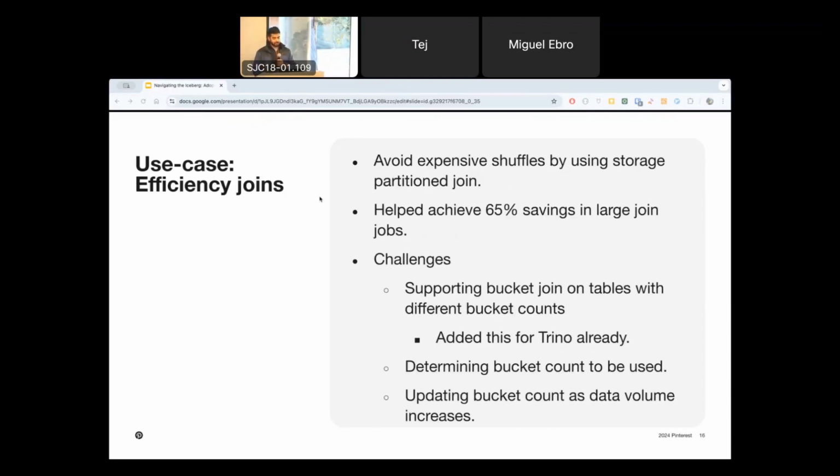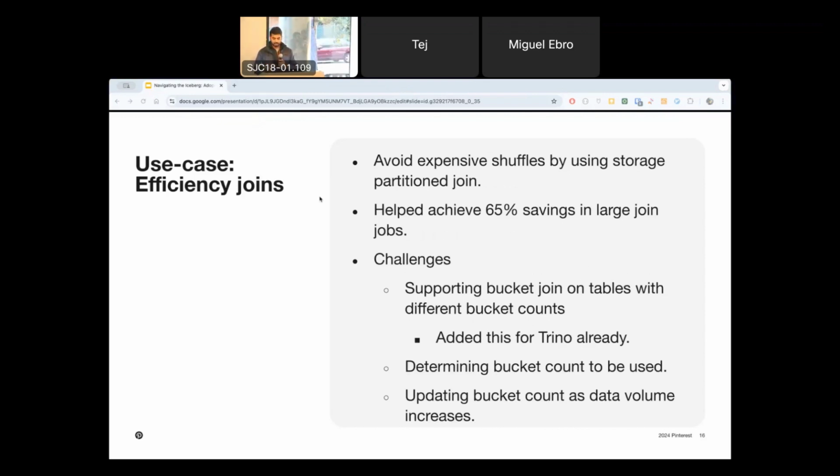And then bucket joins. I touched upon bucketing quite a bit, and we use that for sampling, but we also use that for efficient joins. Bucket joins are not a new concept, it's a very standard practice.